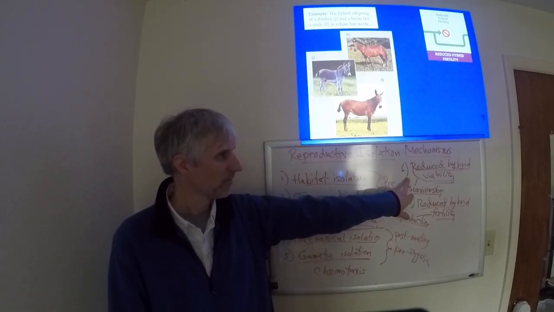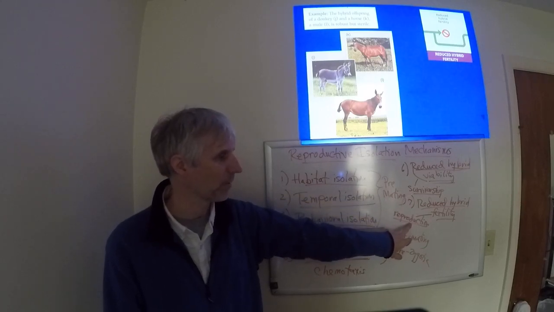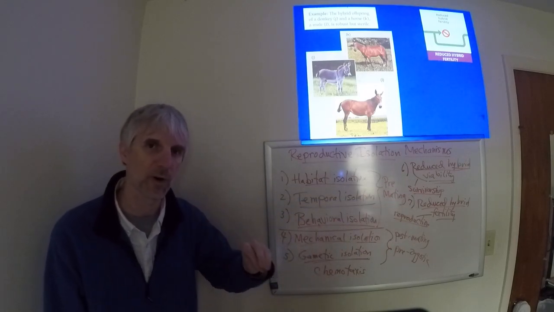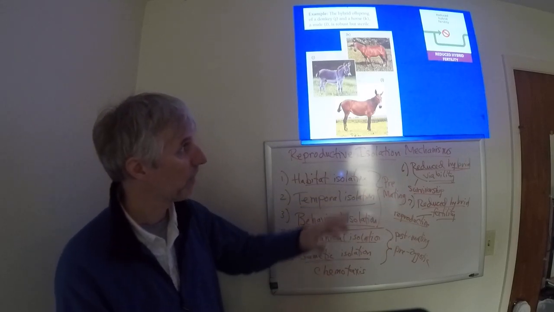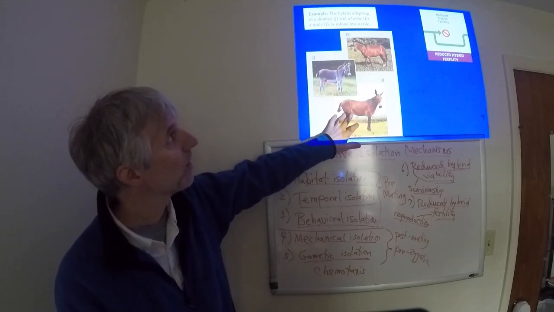Reduced hybrid viability, problems with survivorship. Reduced hybrid fertility, problems with reproduction. Both of these are offspring produced with very low fitness. Best example, the horse and the donkey produce a mule.